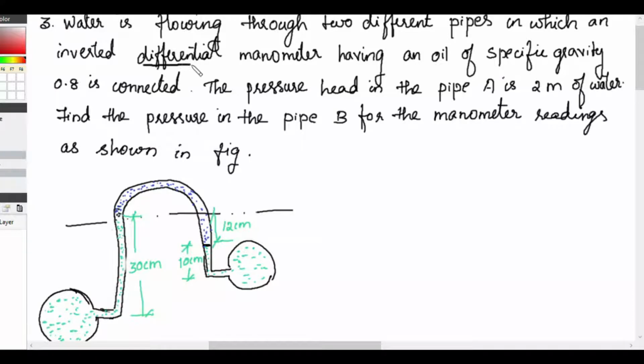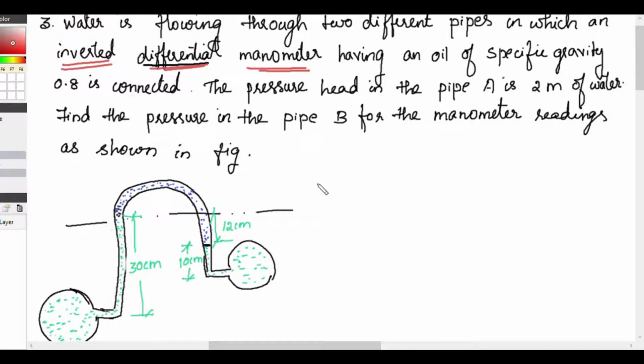Now the problem is an inverted differential manometer, which has an oil of specific gravity 0.8. The pressure head in the pipe A is 2 meter of water. Find the pressure in the pipe B for the manometer readings as shown in the figure.